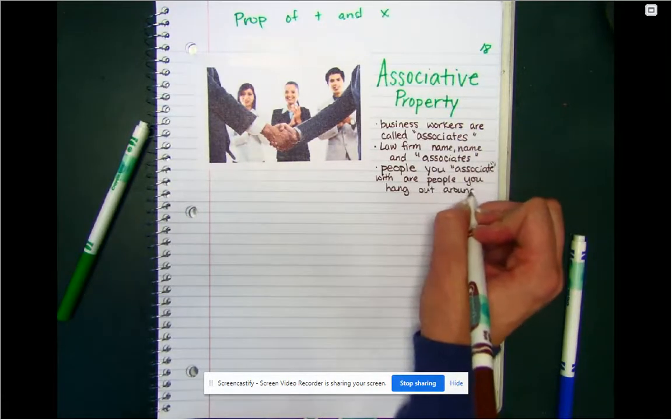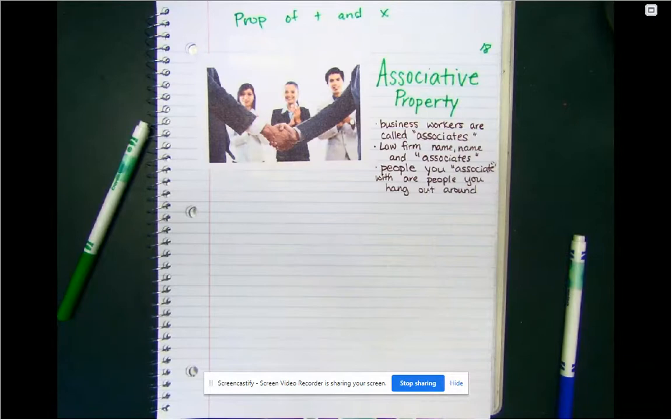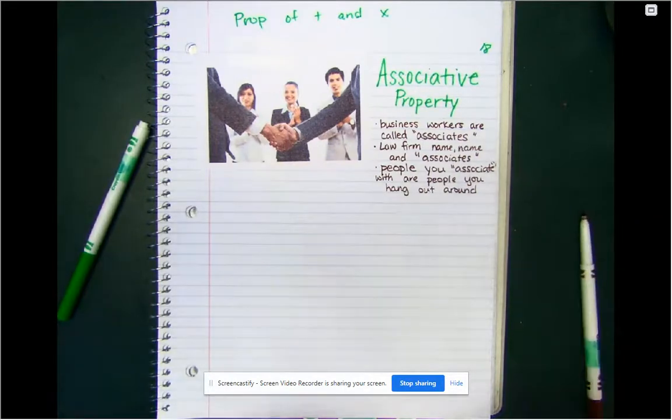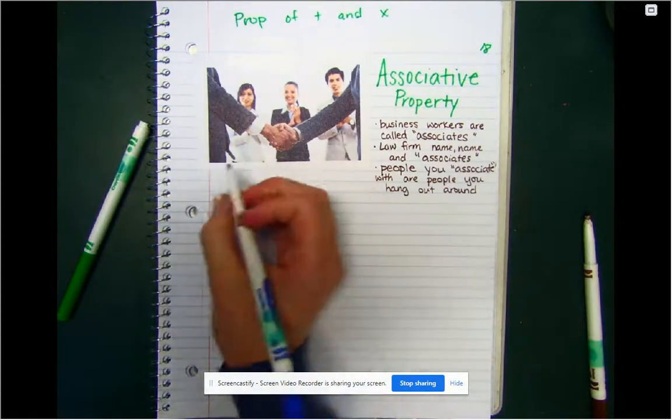So it makes sense then that the associative property is about grouping. It's about who numbers are working with or which numbers work with which numbers.